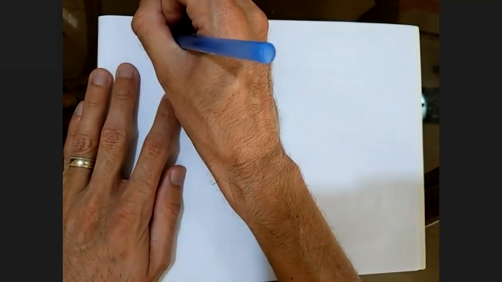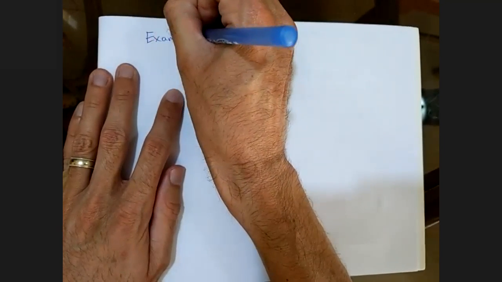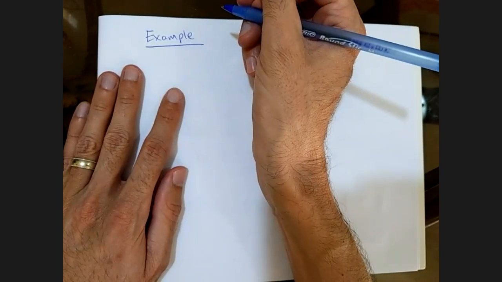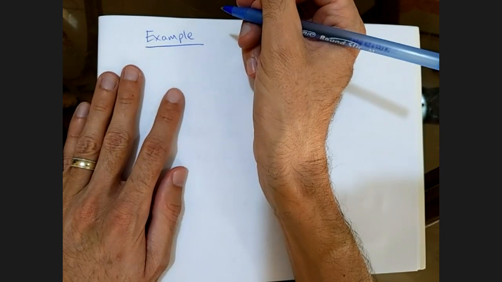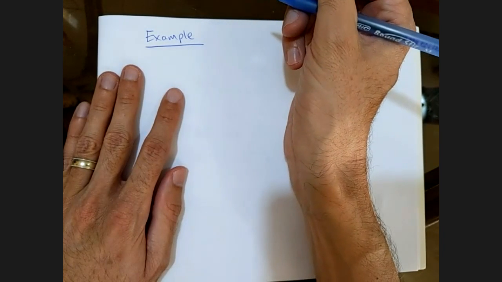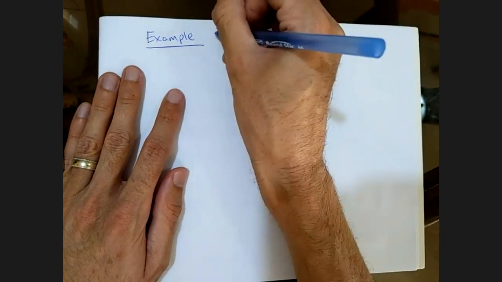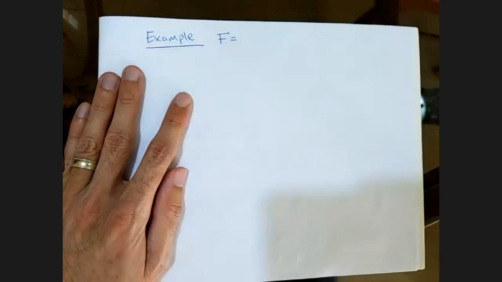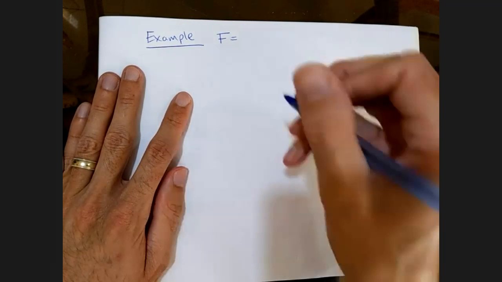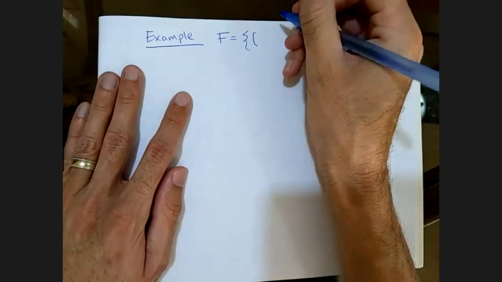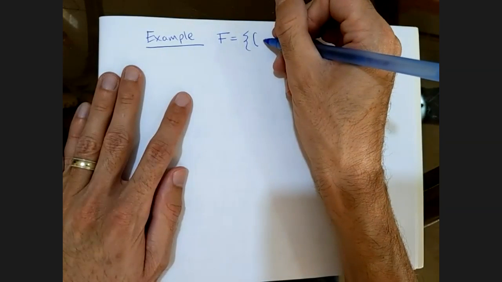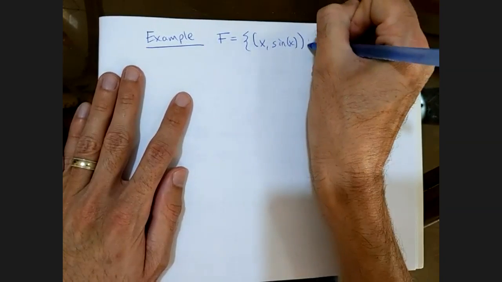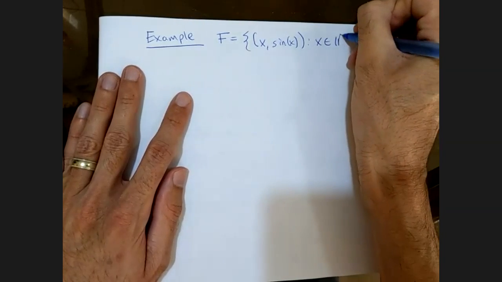Okay, the example is, let's take F to be the ordered pairs, let's say x, sine x, where x is any real number.